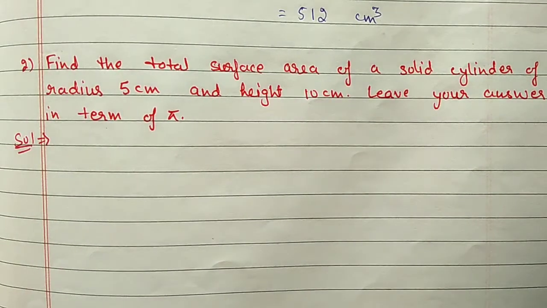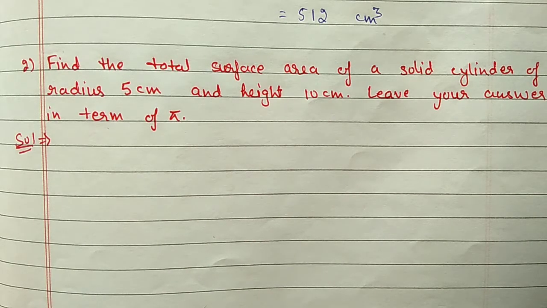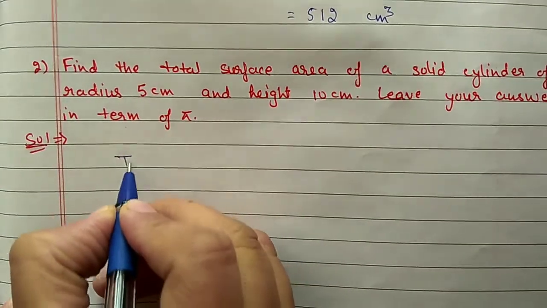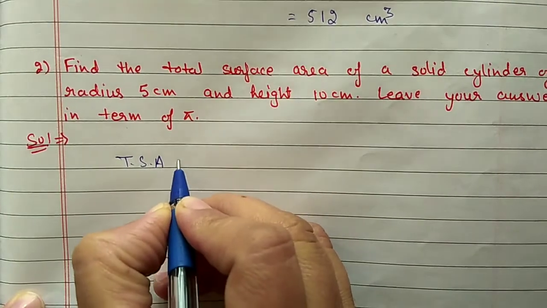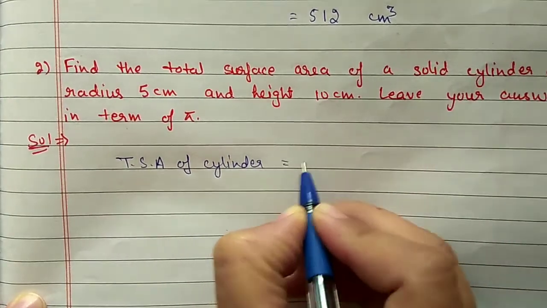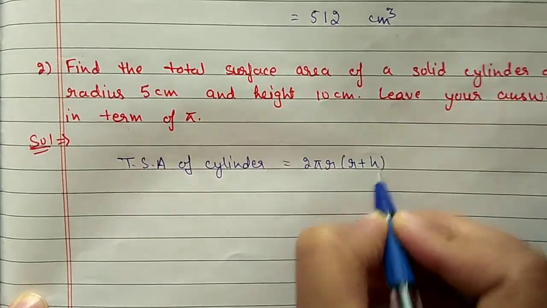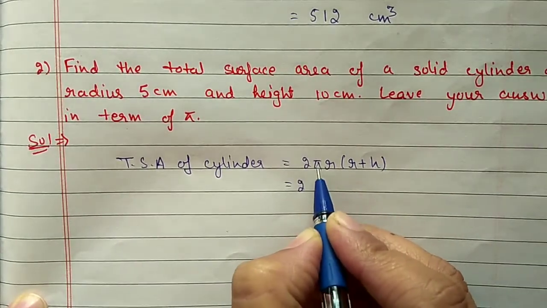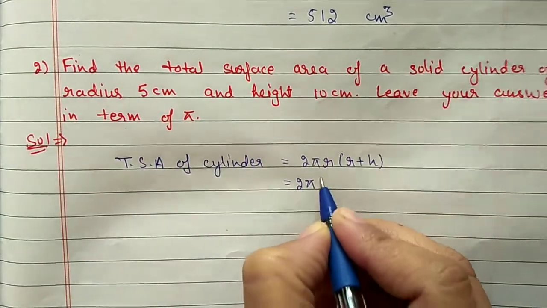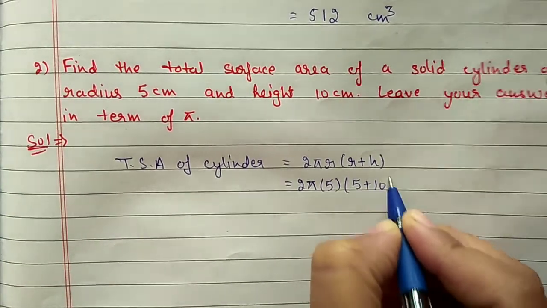Next, question number 2. Find the total surface area of a solid cylinder of radius 5 centimeter and height 10 centimeter. Leave your answer in terms of pi. So the total surface area of a cylinder formula is 2 pi r, and inside the bracket r plus h. 2 pi, we should not put the pi value here because we have to leave our answer in terms of pi. r is 5, then inside the bracket r is 5 and height is 10 centimeter.